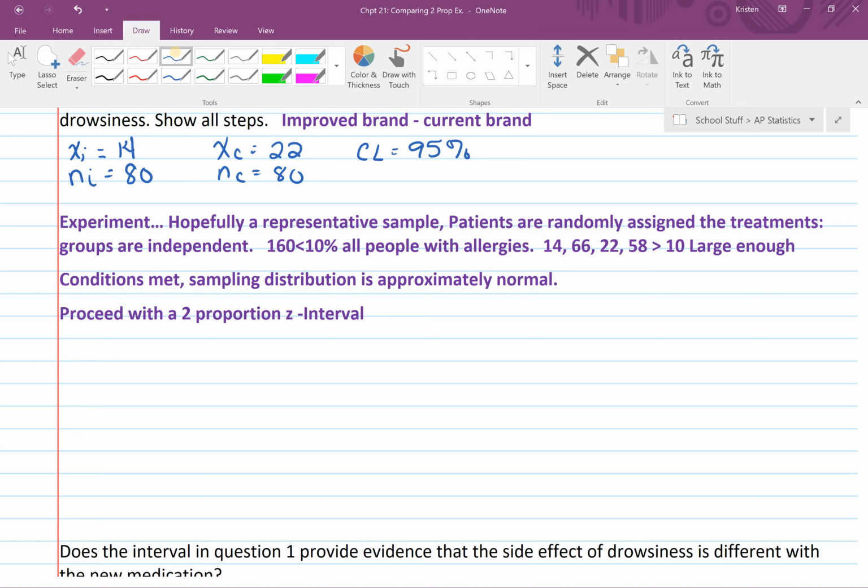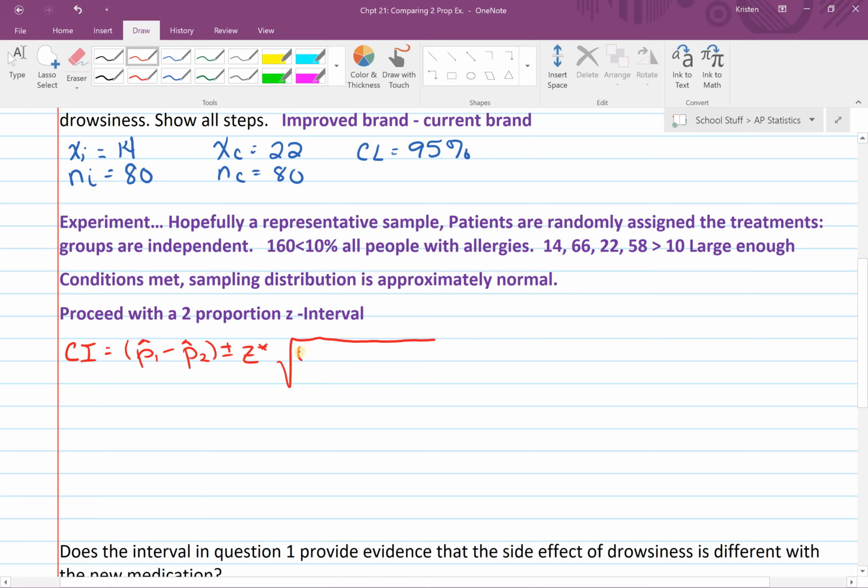So, the formula for a two proportion z interval, and this is something that you would not need to write down, is that my confidence interval is the difference between the proportions plus or minus your z star times the standard error. The standard error is always centered around the samples for a confidence interval, so I should only be using my numbers from the samples.